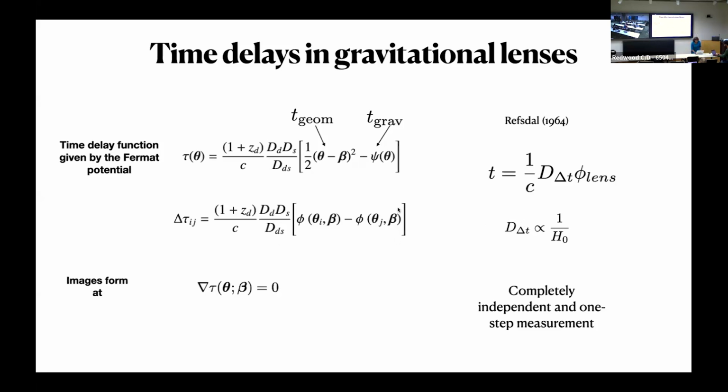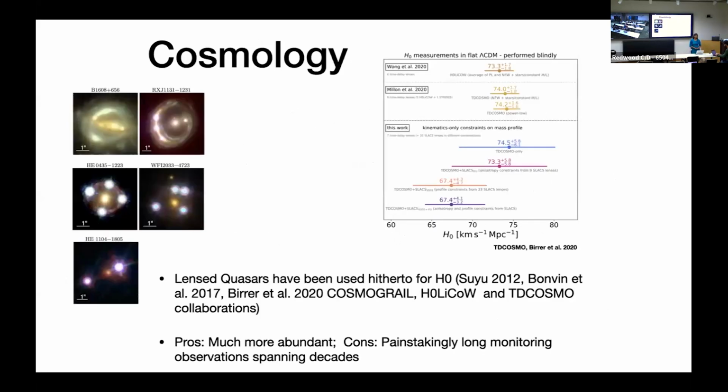In the last few years, in the field of strong lensing, we have had constraints on cosmological parameters, specifically H0, through various detailed studies using strongly lensed quasars via the COSMOGRAIL, H0LiCOW, and TDCOSMO collaborations.